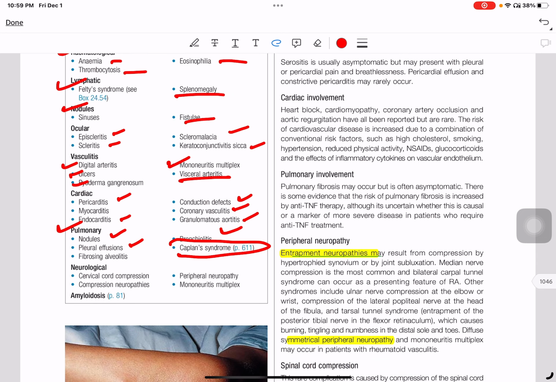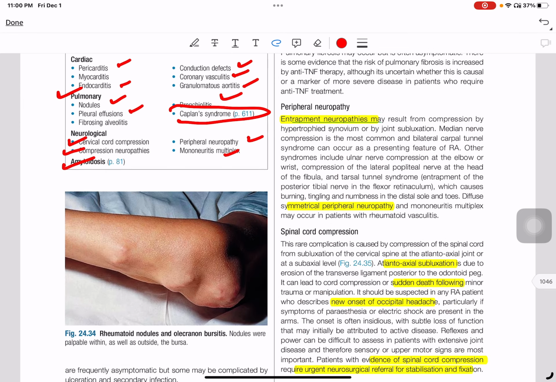In neurology, there may be cervical cord compression due to atlantoaxial subluxation and bony fracture. There may be compression or entrapment neuropathy, peripheral neuropathy and mononeuritis multiplex. Long-standing rheumatoid arthritis may result in amyloidosis, proteinuria, or intractable diarrhea, or nephropathy or nephrotic syndrome.